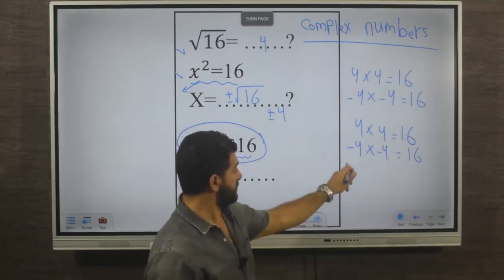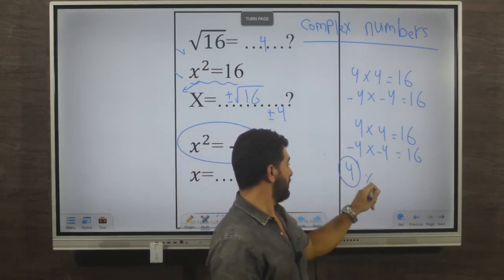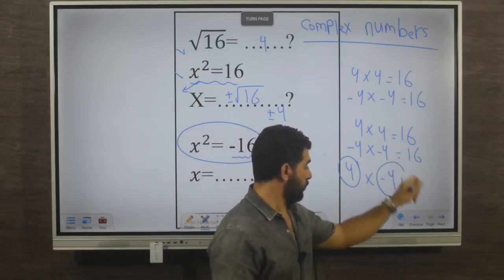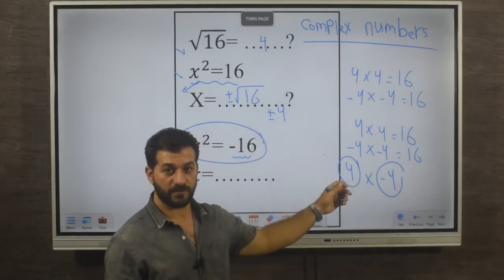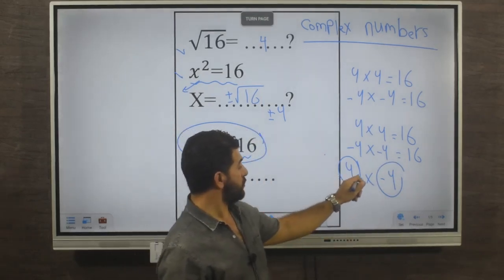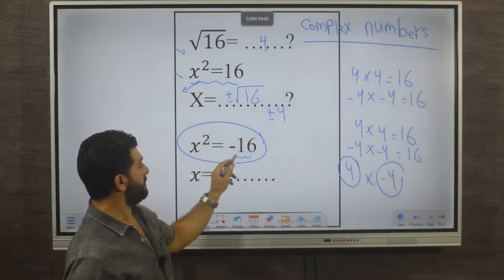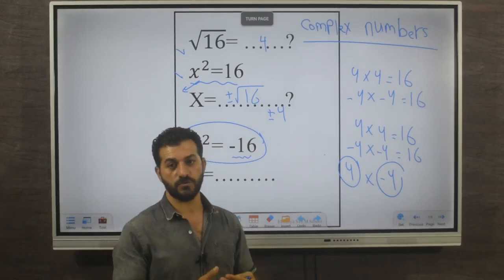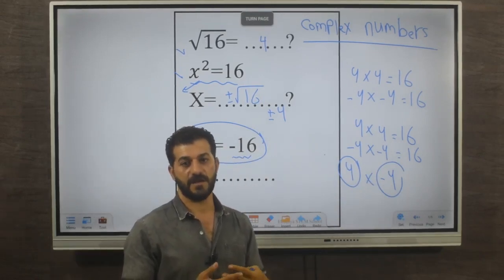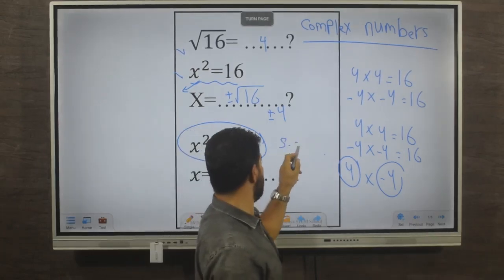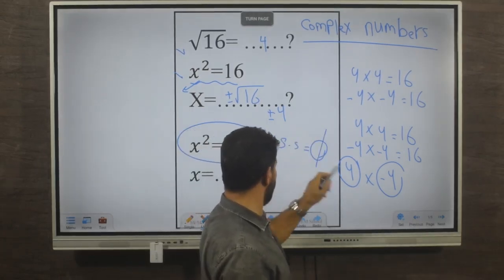And don't say it's 4 multiplied by negative 4, because they are two different numbers. So what is the square root of negative 16 if the solution was in the real numbers? The solution set here in this case is empty.